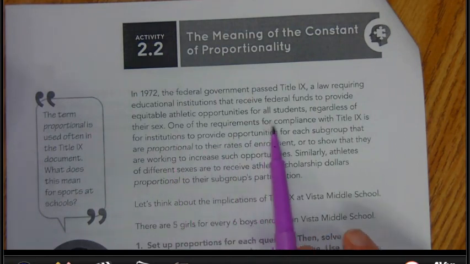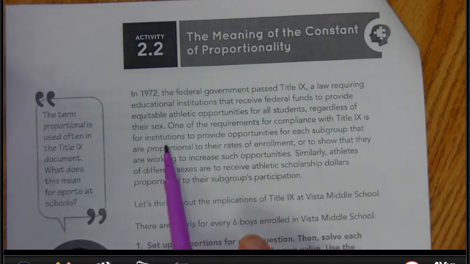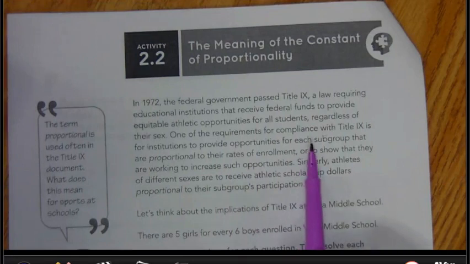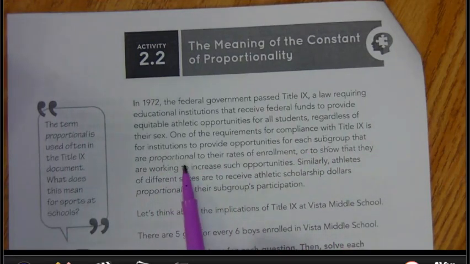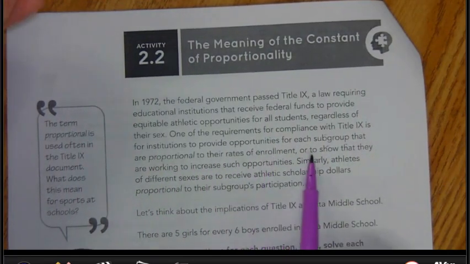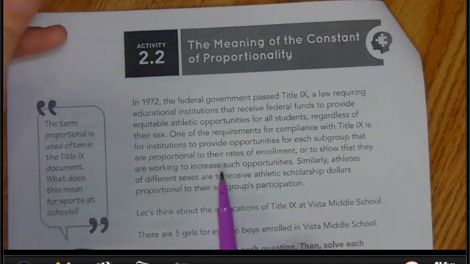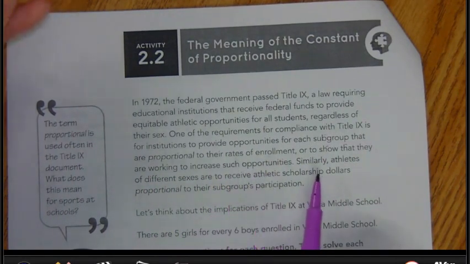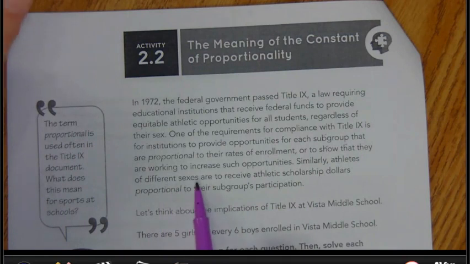One of the requirements for compliance with Title IX is for institutions to provide opportunities for each subgroup that are proportional to their rates of enrollment, or to show that they are working to increase such opportunities. Similarly, athletes of different sexes are to receive athletic scholarship dollars proportional to their subgroup's participation.